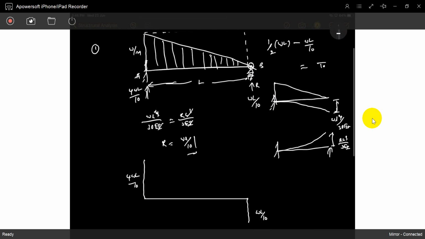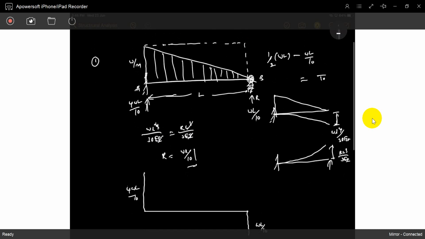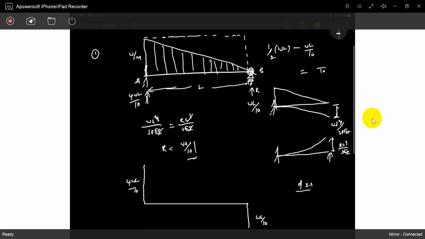So how can we write it? There is shear force, but is there load? I already said yesterday that the change of shear force is equal to the load.